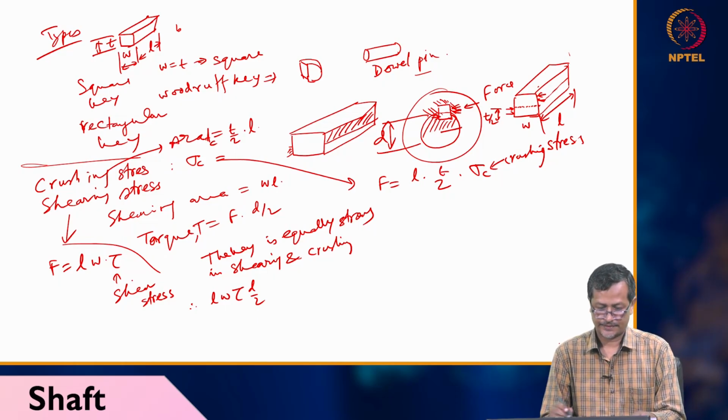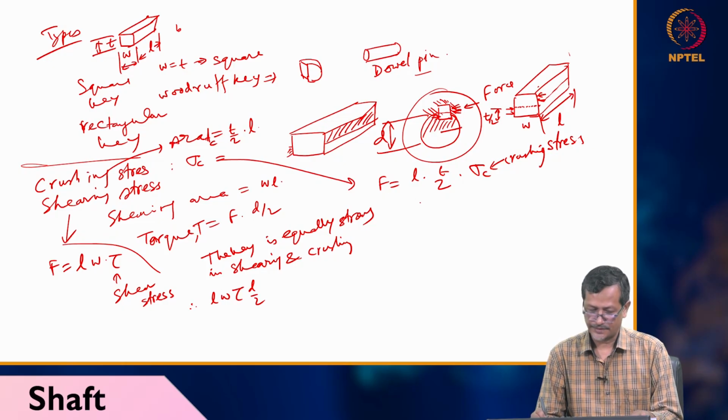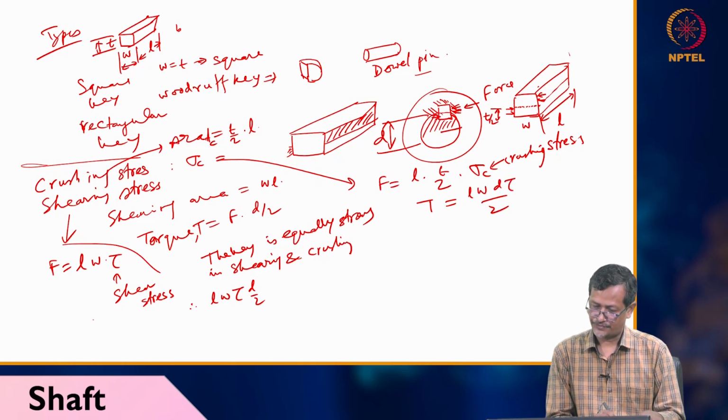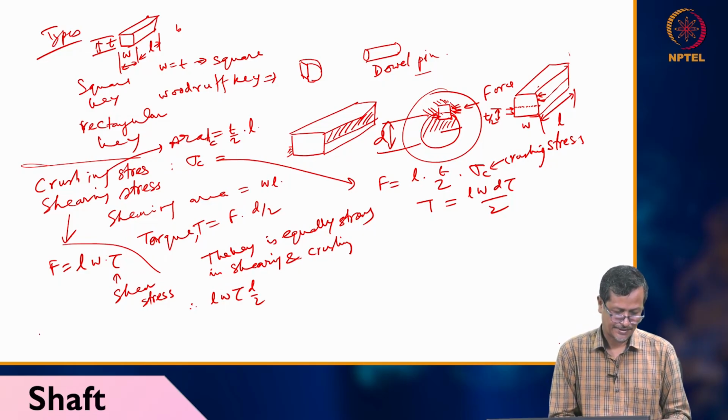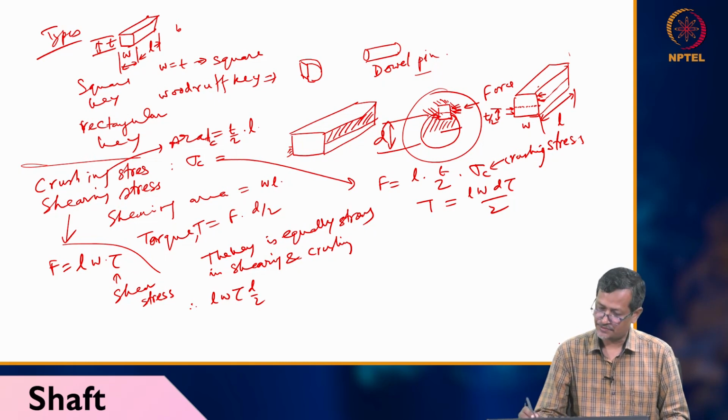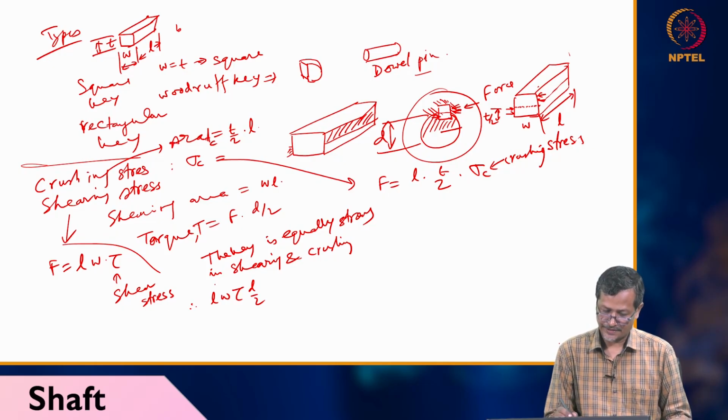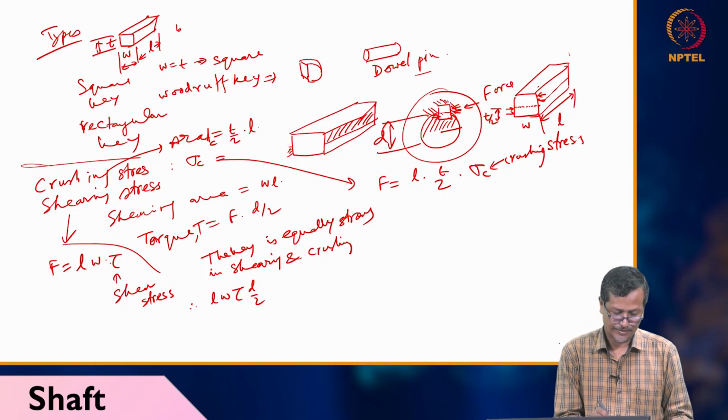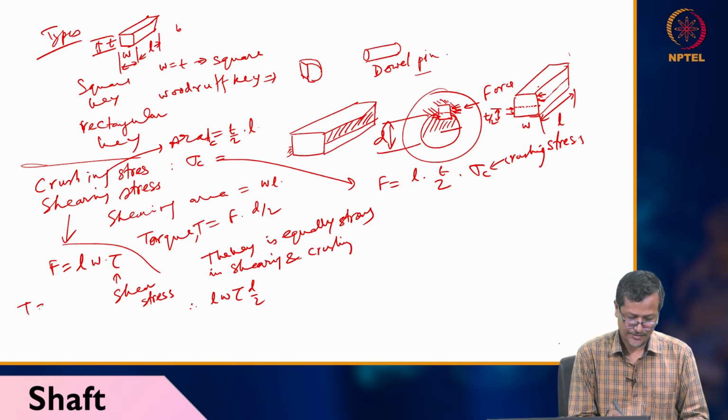Now here, for crushing, T equals F D by 2, so it is giving L T D sigma c by 4.